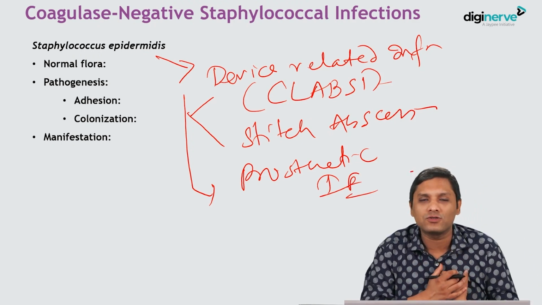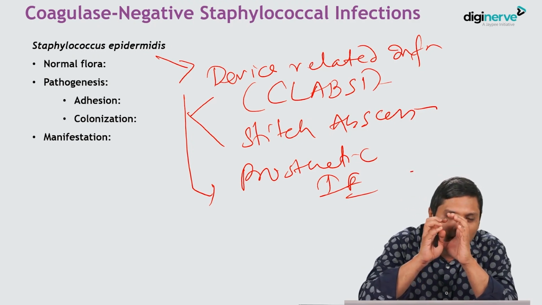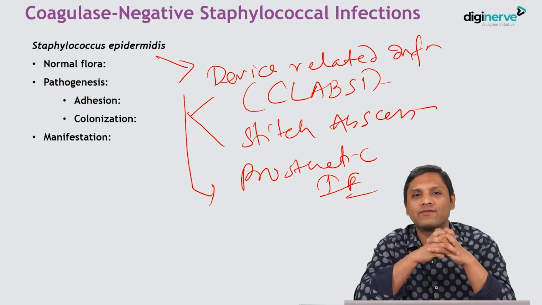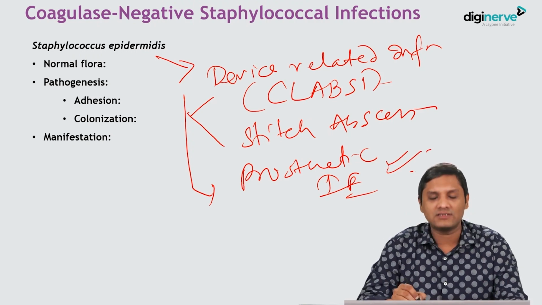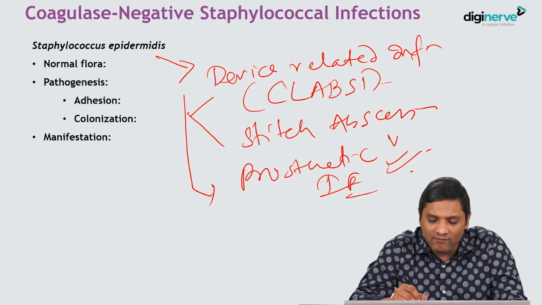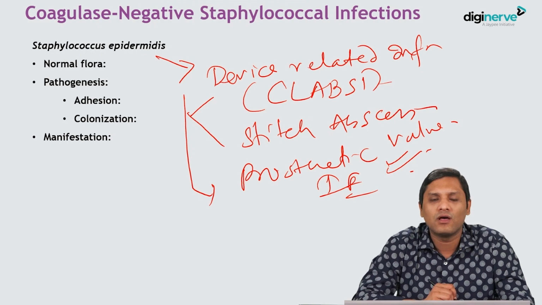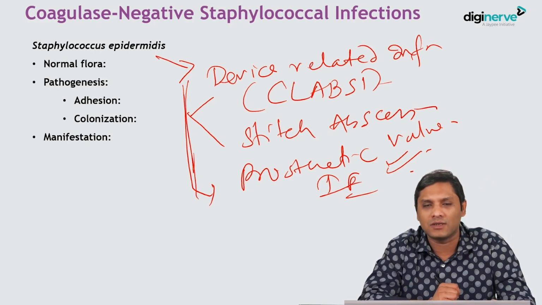So when you have prosthetic cardiac valves, it can produce biofilm over those valves and cause infective endocarditis. It is the most common organism to cause prosthetic valve endocarditis. Okay, so these are the various infections produced by Staphylococcus epidermidis.